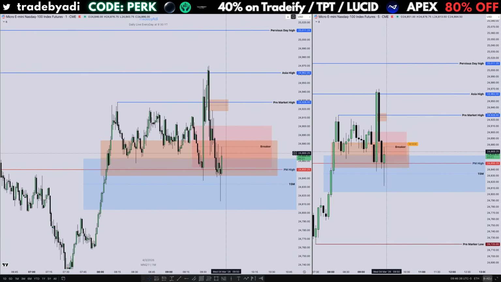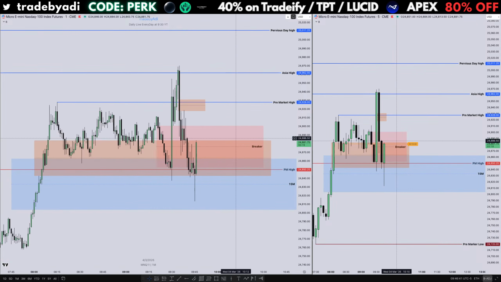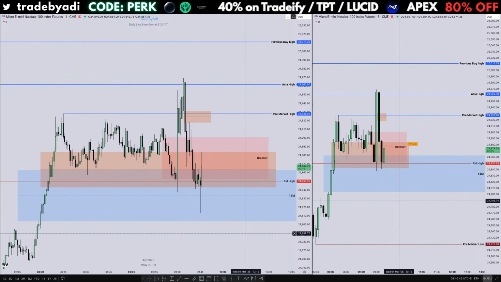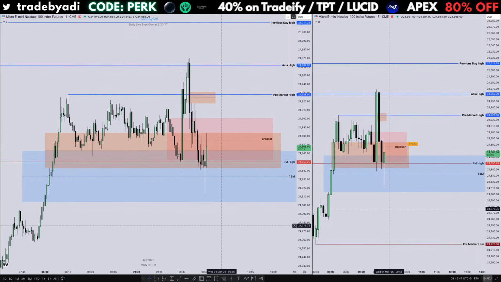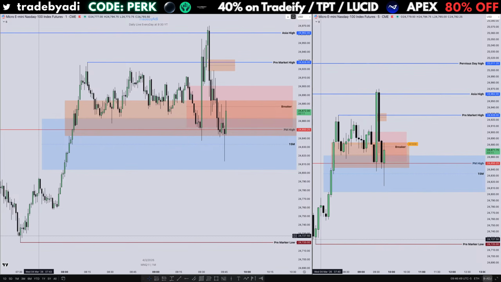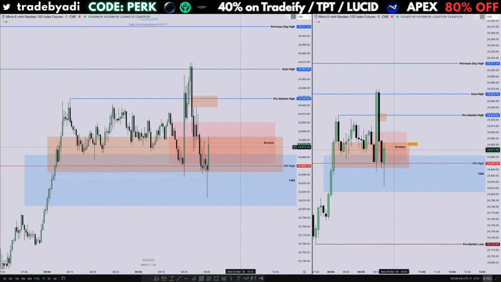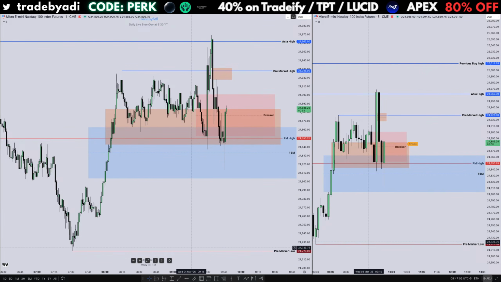Yeah, it is not showing the willingness, but that's why the risk is really small for me. Okay. And if we have a displacement with a fair value gap, then we can easily target this low. We need to have the fair value gap, then only can you trade. I took a trade because of a number of reasons, and I saw the opportunity, that's why I took it.